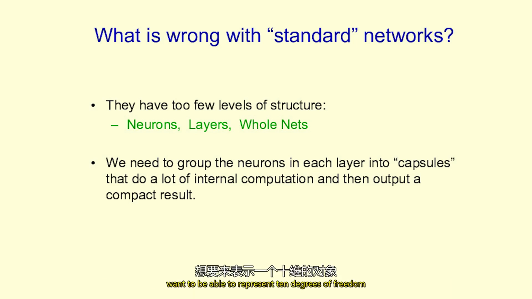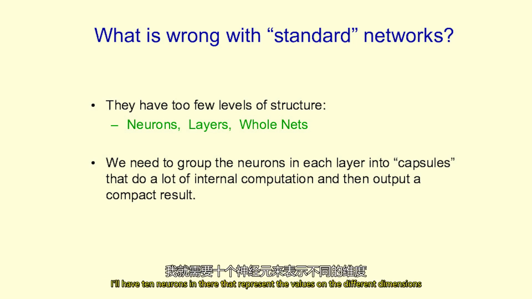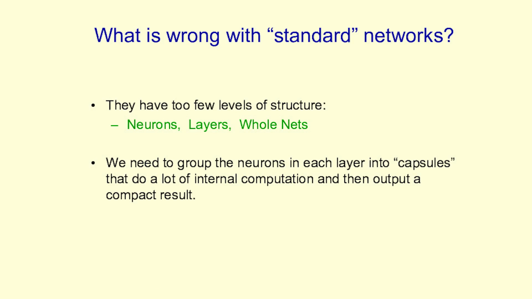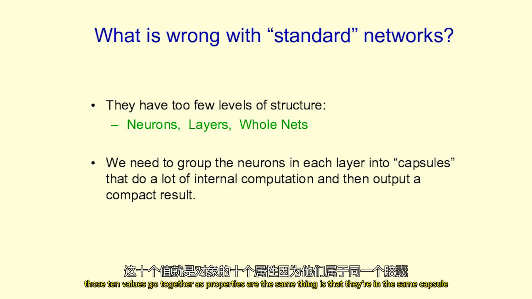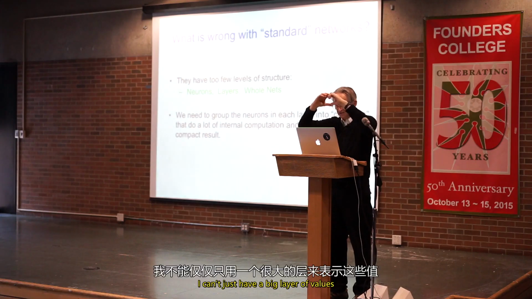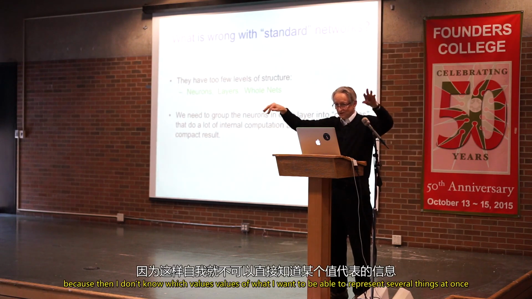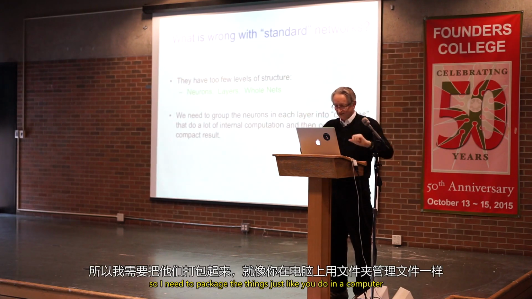If I want to represent 10 degrees of freedom, I'll have 10 neurons that represent the values on the different dimensions. The way we know those 10 values go together as properties of the same thing is that they're in the same capsule. I can't just have a big layer of values, because then I don't know which values are values of what. I want to represent several things at once, so I need to package the things, just like you do in a computer.